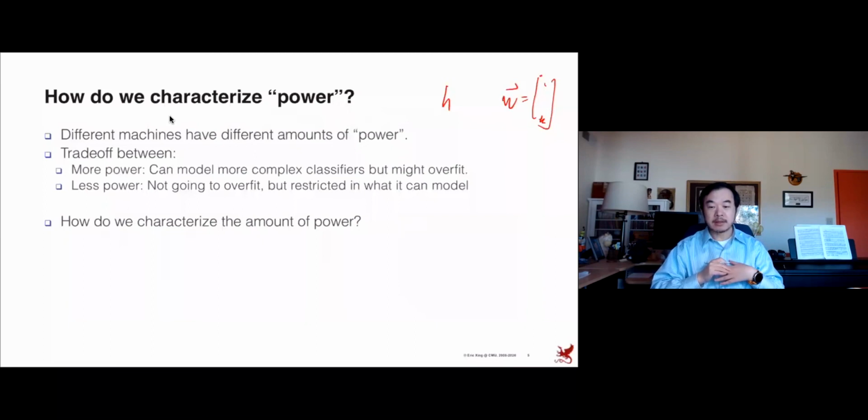what's the risk? Well, typically we can guess that if you have a lot of parameters, such as in a deep neural network, there is a well-known notion called overfitting: you're likely to overfit the data. And if you have low power, then you may not overfit, but you also fit the data very poorly. You have a lot of errors on the training data.